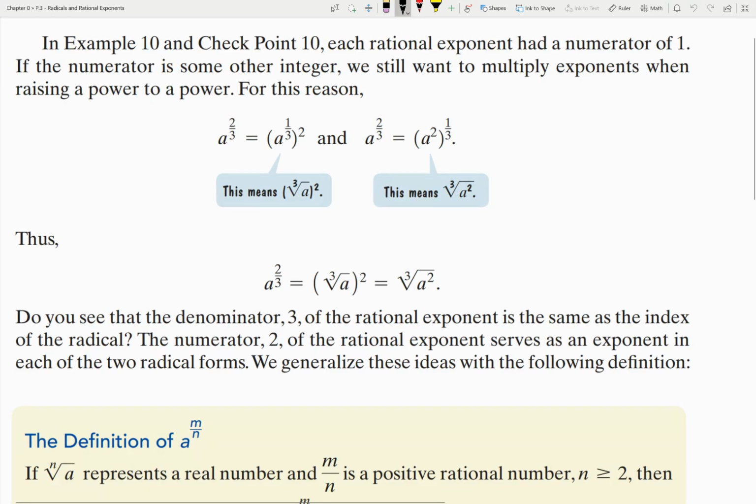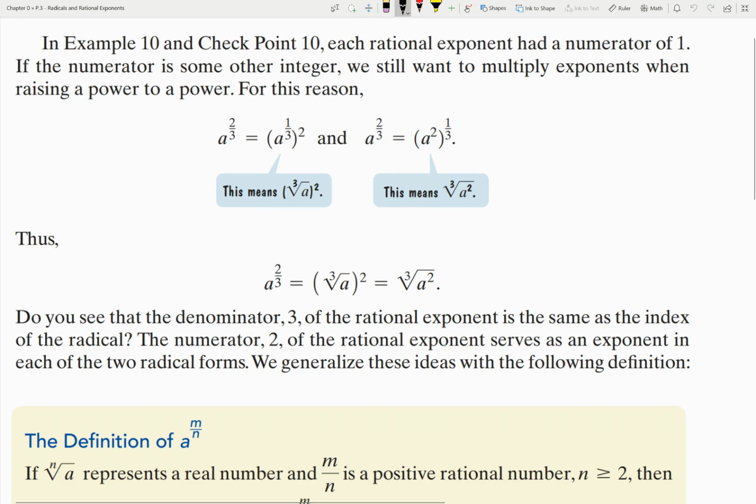So in that previous example, each rational exponent had a numerator of 1. It doesn't always have to be 1. We still want to multiply exponents when raising a power to a power. So you can see that a to the 2/3 is the same thing as a to the 1/3 squared.